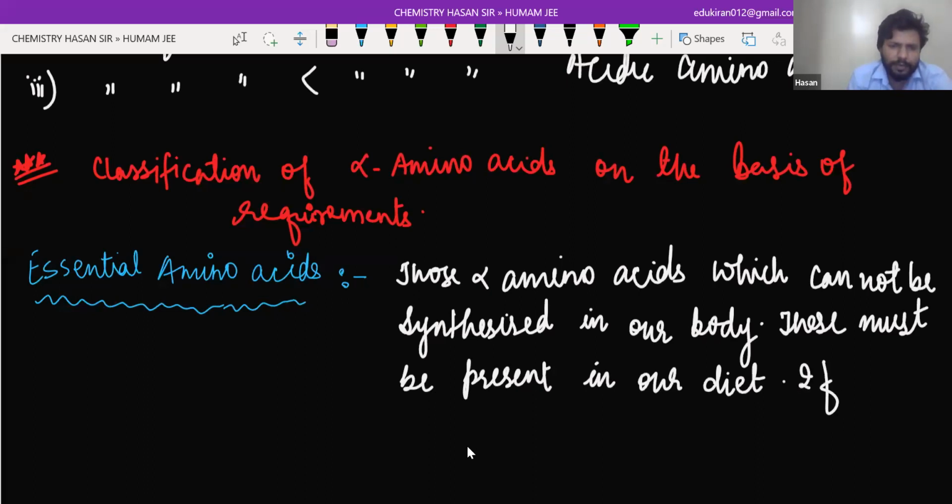If these acids are not taken for a longer time, then it will be bad for health.